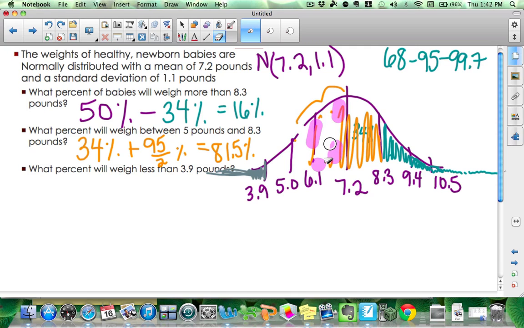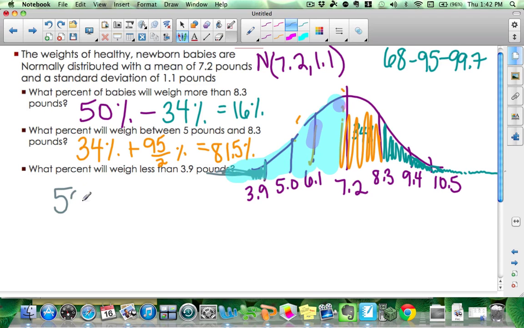I'm basically going to take this half of the curve, so 50%. And I'm going to subtract everything from 3.9 to 7.2.